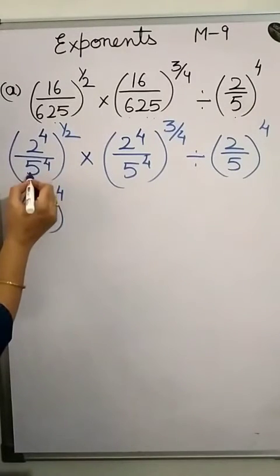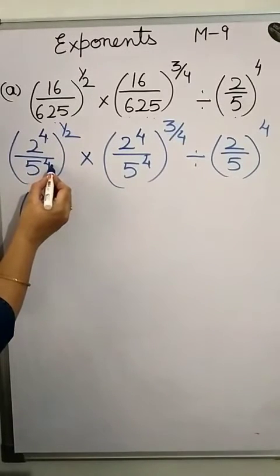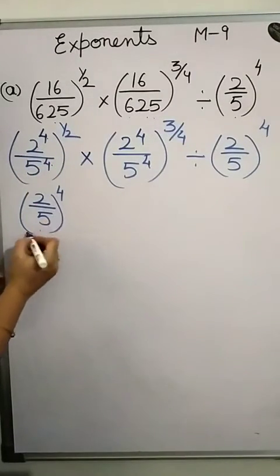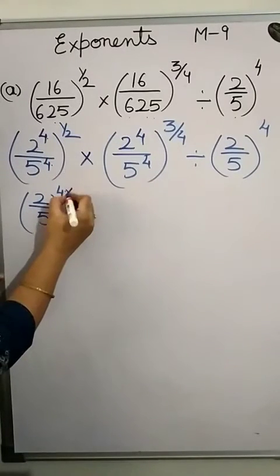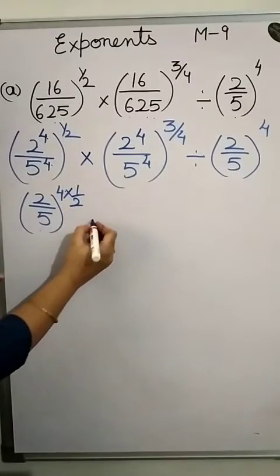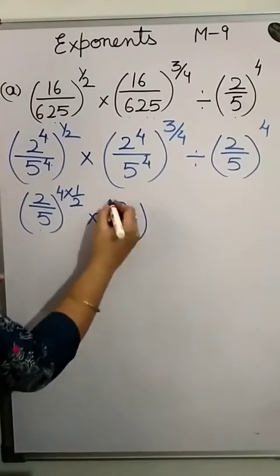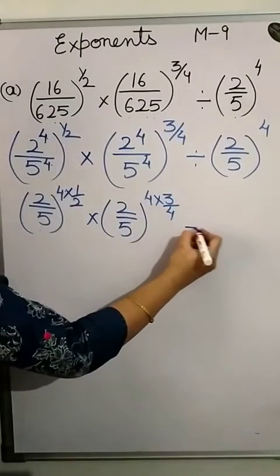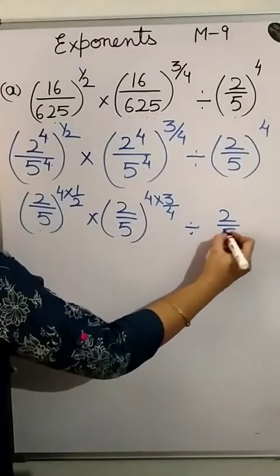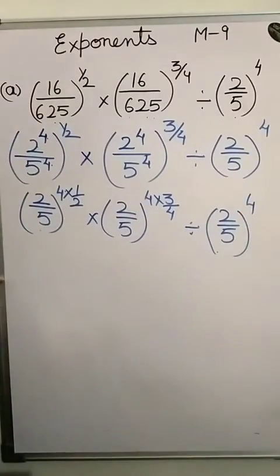Yes, we can write 2/5 because the power of 2 is 4, and here the power is also 4. So we can write the combined power (2/5) to the power 4. And these two are in multiplication, so we can multiply them. Similarly, here also we can do the same thing.